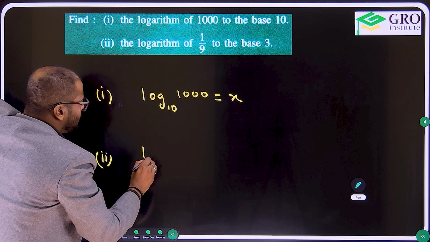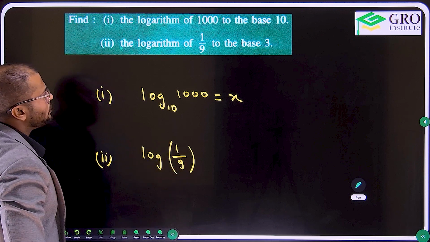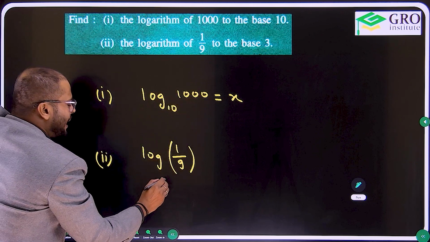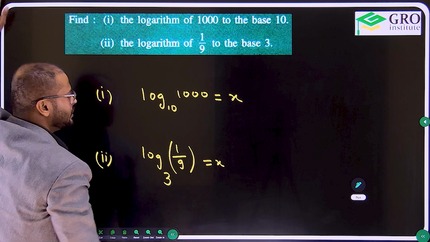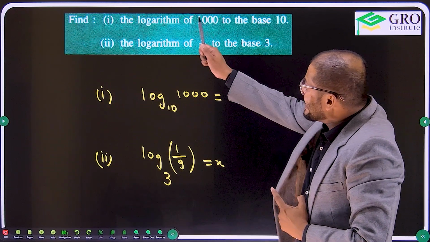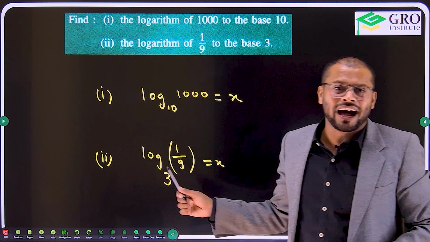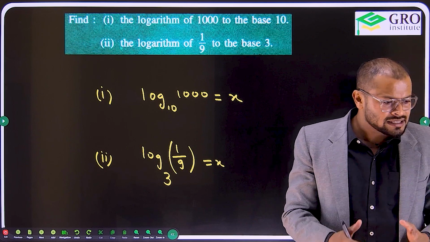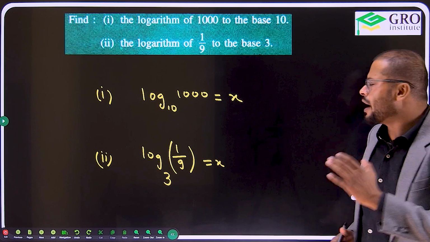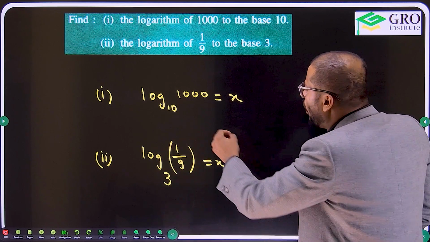The logarithm of 1 by 9, the logarithm of 1 by 9 to the base 3 is what? Yes or no? I hope you are getting the question, and I hope by reading the statement you are able to write the log form. Now what you will do?